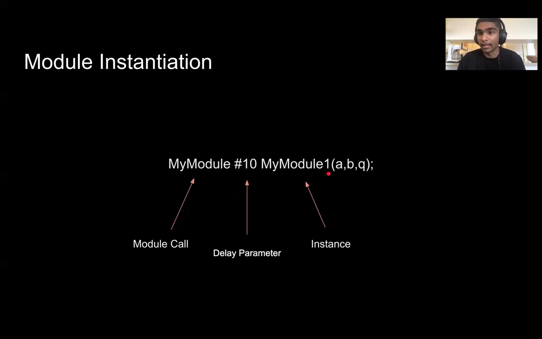This instance can be called anything. You call it my module 1, you call it ANDGate1, device under test 0, whatever, to be clear and succinct about what you're actually instantiating in your code. And then inside your instance, you want to include your inputs and outputs. And of course, semicolon. Can't forget that. Okay, sweet.